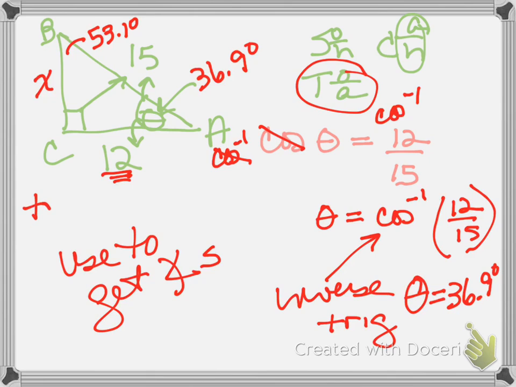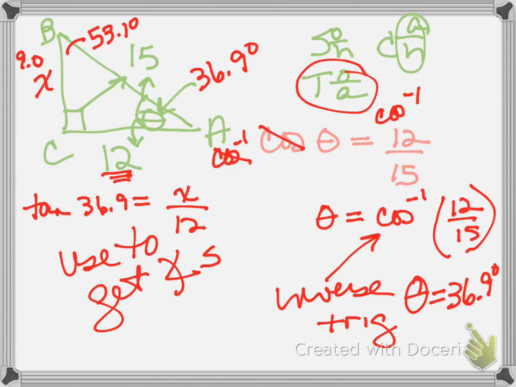So I can say that the tan of, I know the angle is 36.9, that equals x over 12, opposite over adjacent. So to get your value for x, you say 12 times the tan of 36.9, close your parens, and you get, rounding to the nearest tenth, 9.0.